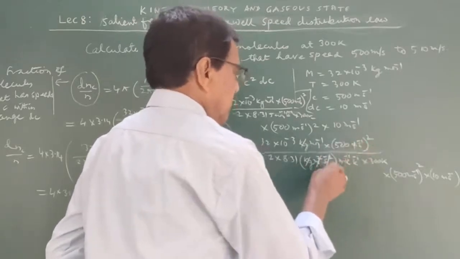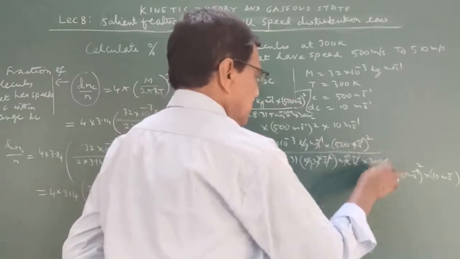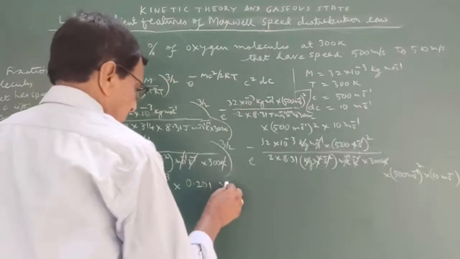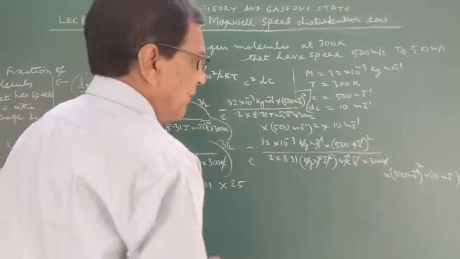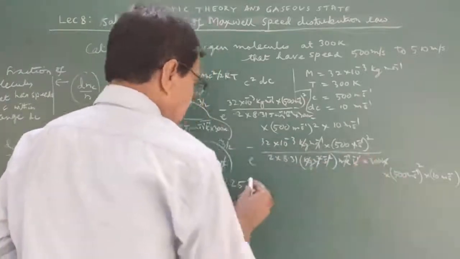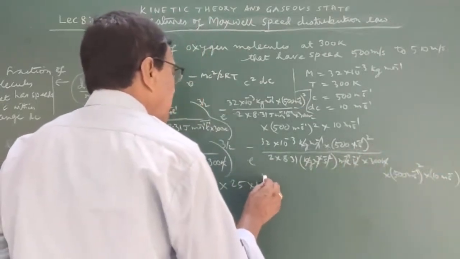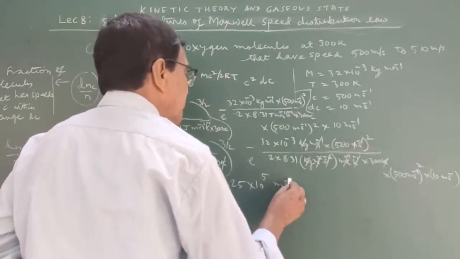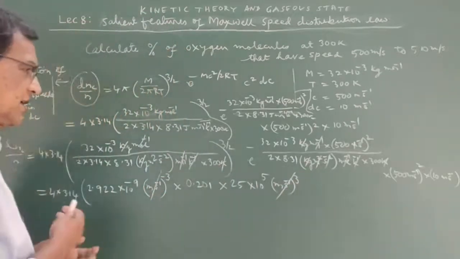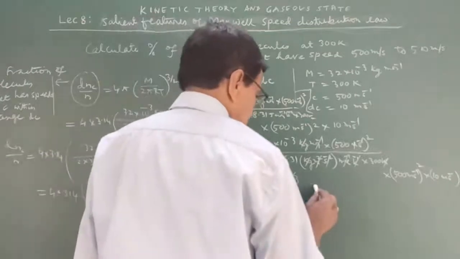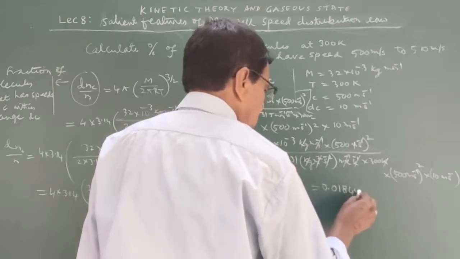Multiplied by 25 times 10 to the power 4 and 10 into 10 to the power 5 meter second inverse cube, these units cancel and give you the value 0.01844.